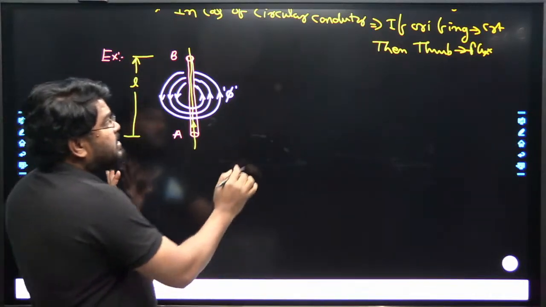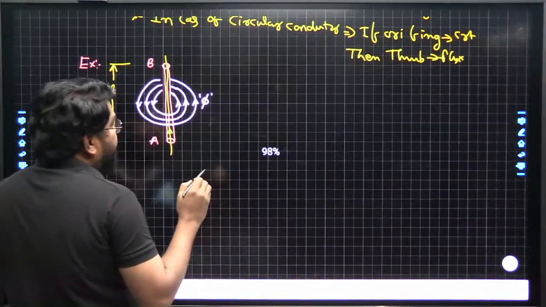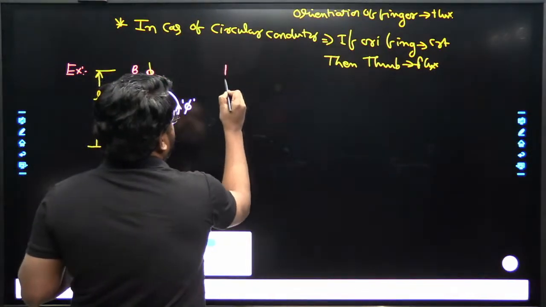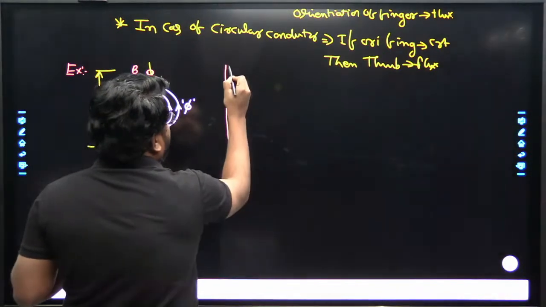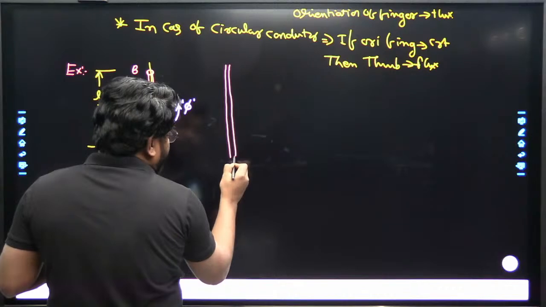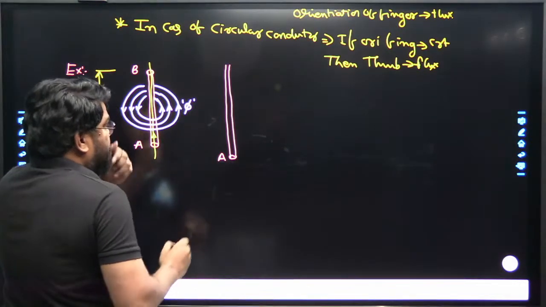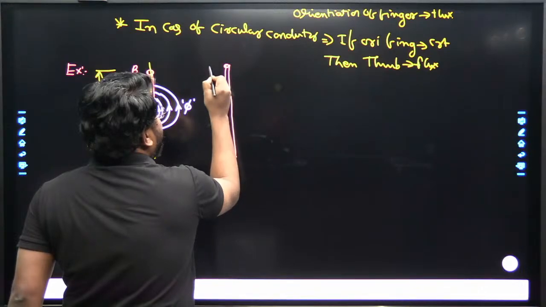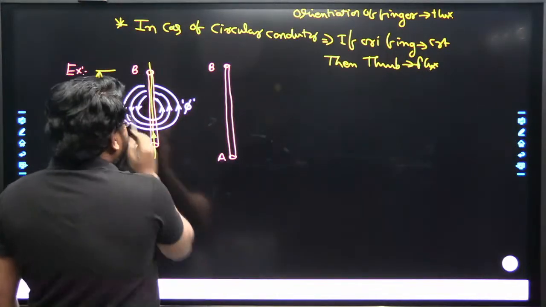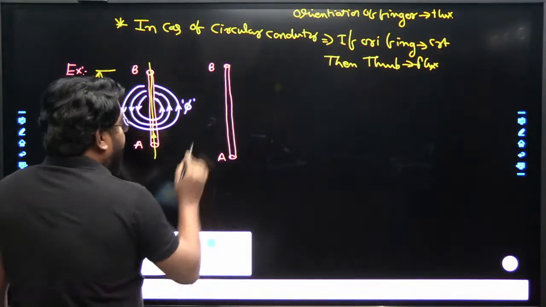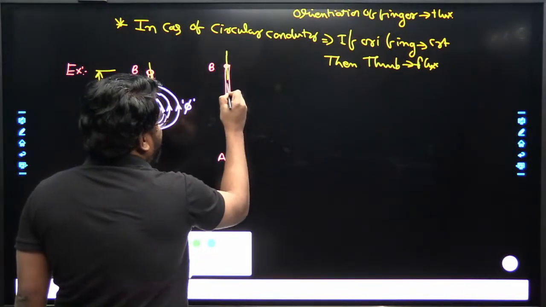Suppose we have another conductor, the same conductor, but the current flows differently. Let us assume this terminal is A and this terminal is B. The length remains the same, and the current flows in this conductor in a downward direction, like this.